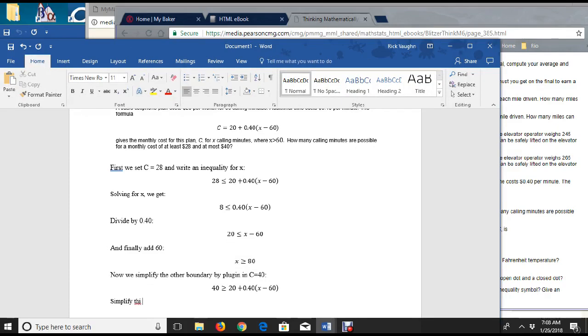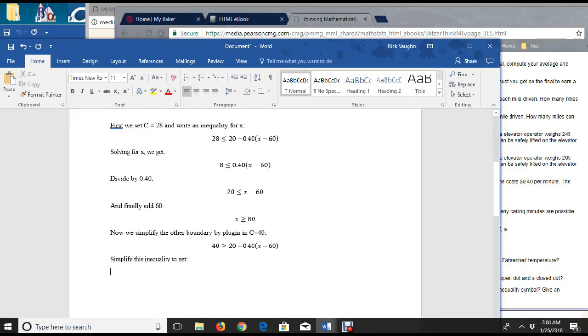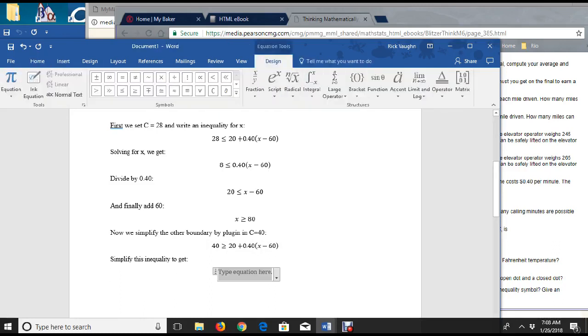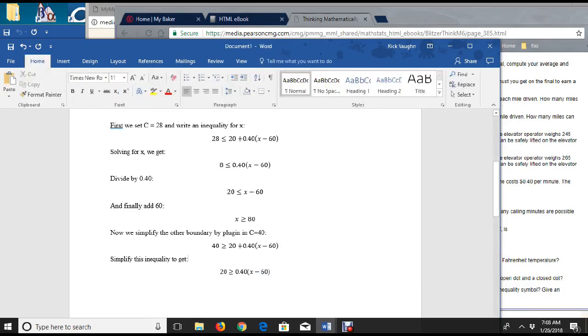Simplify this inequality to get, now I'll subtract 20 from both sides. 20 is bigger than or equal to 0.40 times parentheses x minus 60. Divide by 0.40.